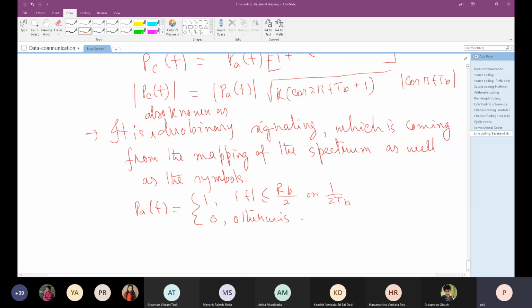This is the original, and this one, because it is cosine modulated, so this will be equal to, okay, so this term again I have to write.